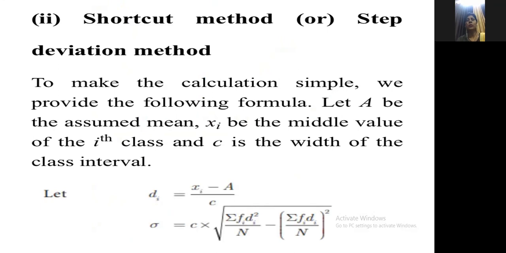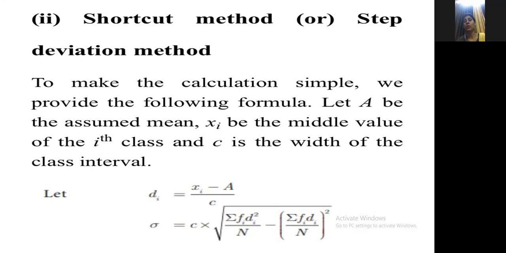The shortcut method, or the step deviation method. We've also heard this name before. So as I said, one more thing which is being added now is frequency and the class interval. Here the formula of the standard deviation sigma is C multiplied by the square root of summation fi di square divided by n minus summation fi di over n whole square.